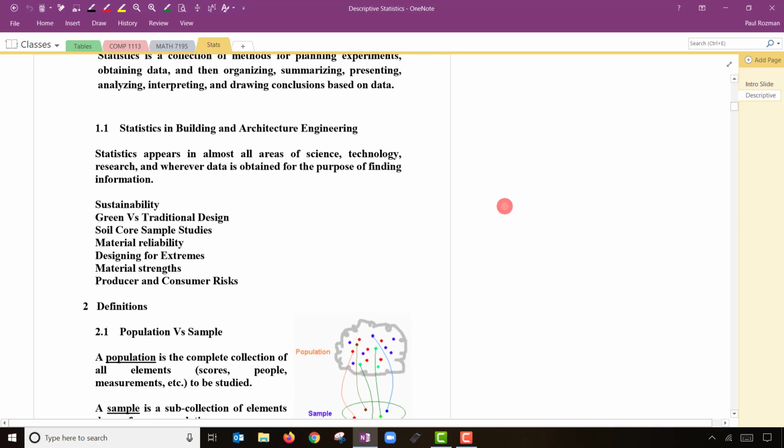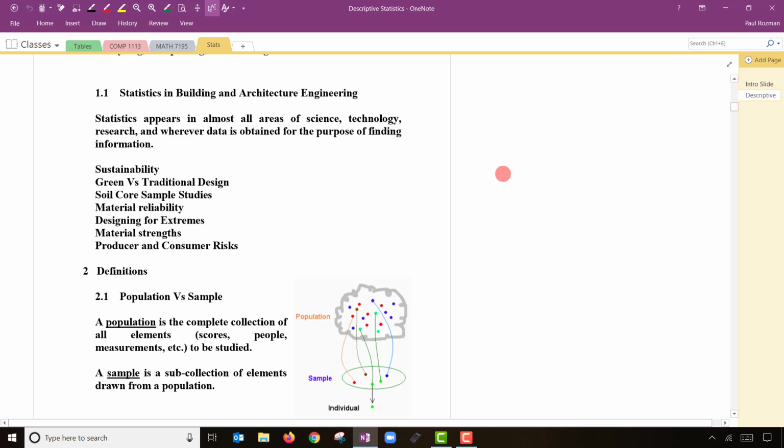How might we use this in building and architecture? Well, statistics is basically everywhere. You get bombarded by statistics now, particularly on the news. But in building, we could say, sustainability, designing for sustainability. There's a lot of statistical research that goes into that, or green versus traditional designs. If you're doing comparisons, you could do a statistical analysis.